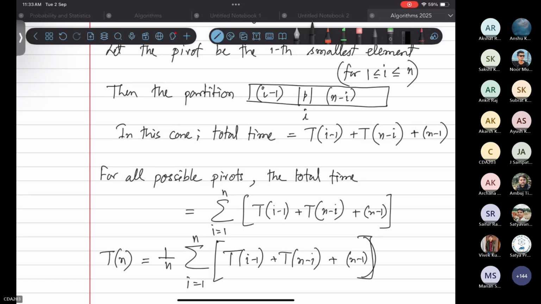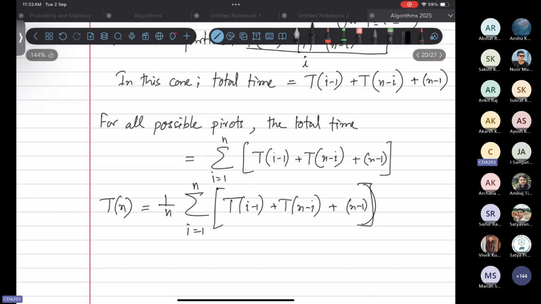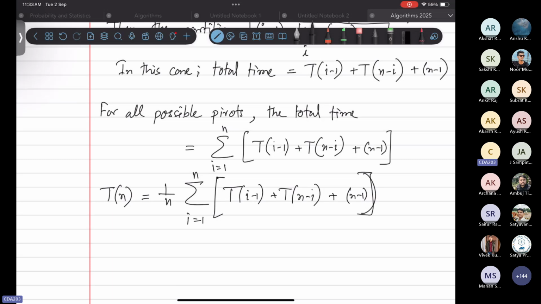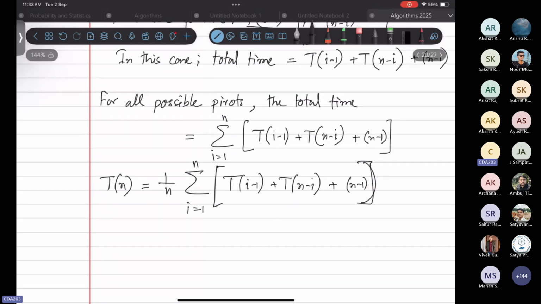Okay. First, we'll see what this is all about. I'll change this variable slightly to get a nicer form.